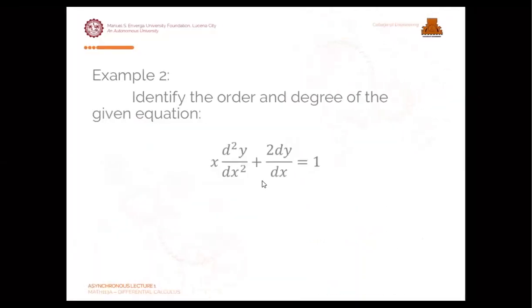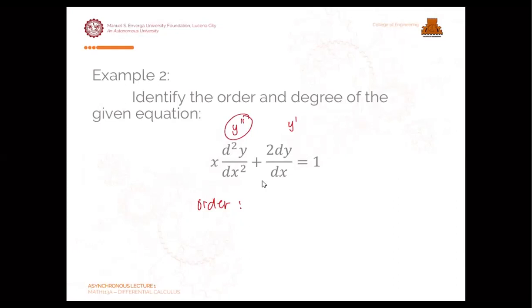Next, let's try this one. So, order and degree. So, ang order natin is again kung alin yung highest derivatives natin. We have d squared y over dx squared. So, ito is kung in other notation, y double prime. Then yung ito will be y prime. Okay? So, alam natin na mas mataas yung order nito.